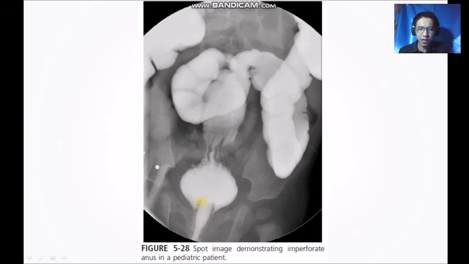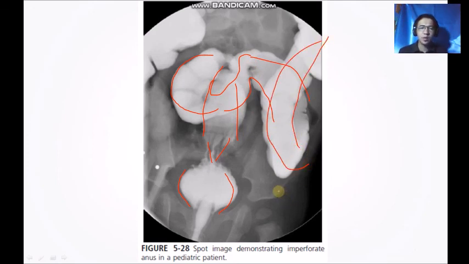Okay, so you have here the distal portion, and this goes to the rectum, towards the sigmoid, and then towards the descending colon. Okay? So this is a contrast-filled large intestine.